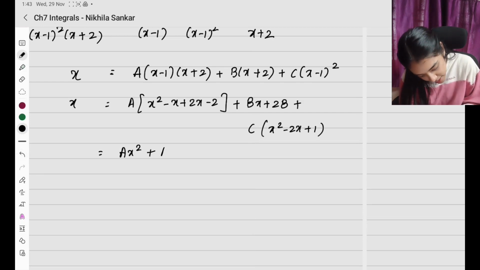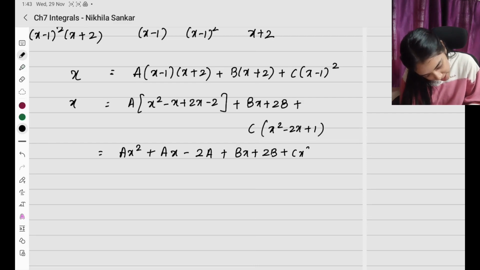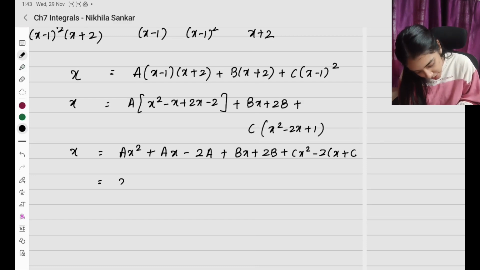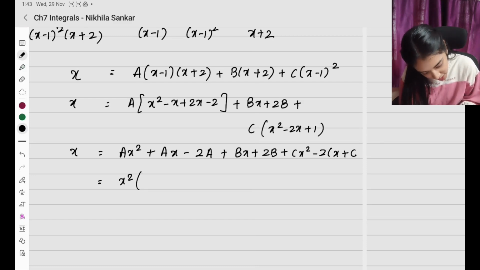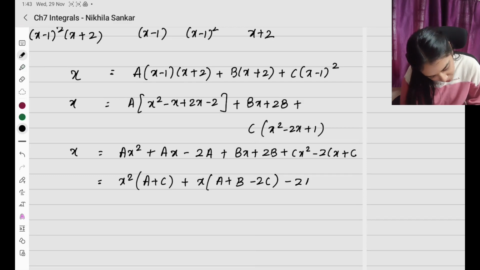So I have plus ax minus 2a plus bx plus 2b plus cx square minus 2cx plus c. So when I club the x square terms, what do we have for x square? a plus c. Clubbing the x terms I have a plus b minus 2c. Constants: minus 2a plus 2b plus c.